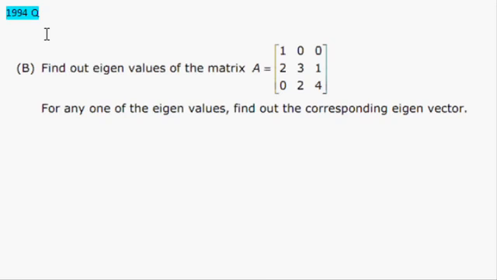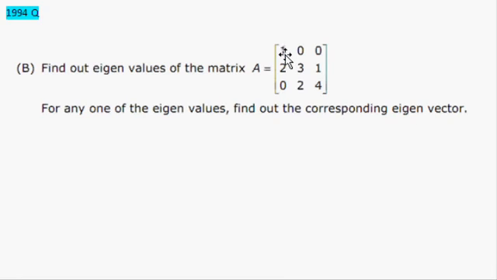This is another question asked in 1994. You are required to find the eigenvalues and eigenvectors. For any one eigenvalue, find the corresponding eigenvector. This is a 3 by 3 matrix, so there will be at most 3 lambdas: lambda 1, lambda 2, lambda 3. For each lambda you get one eigenvector.